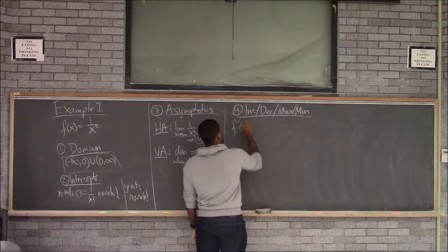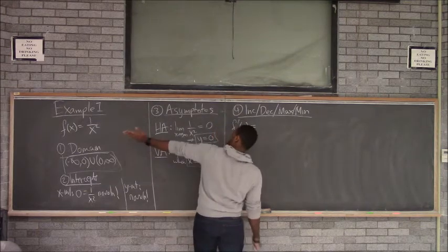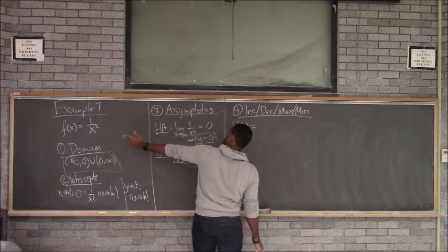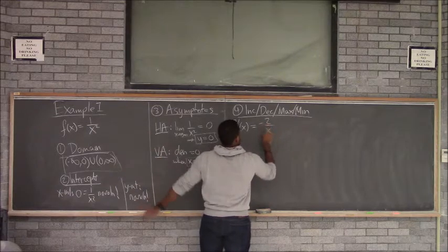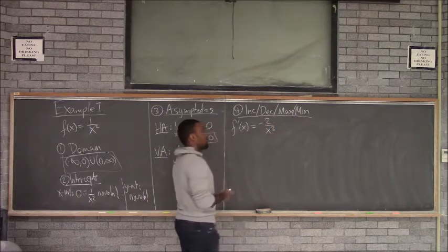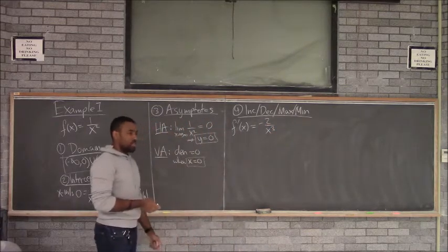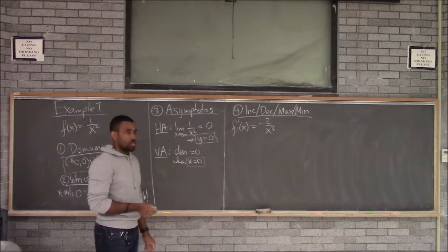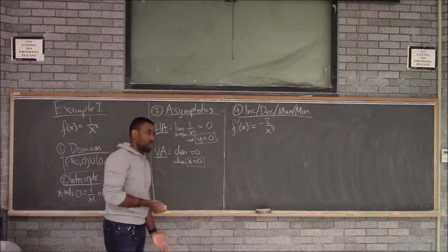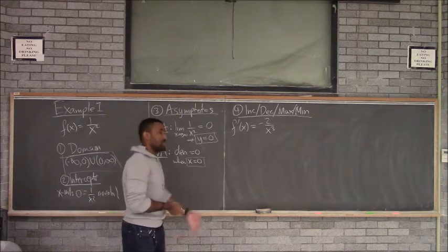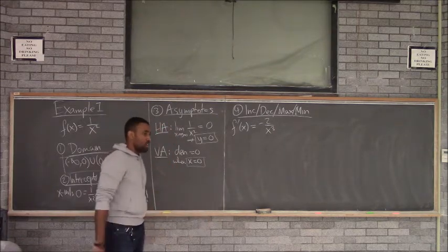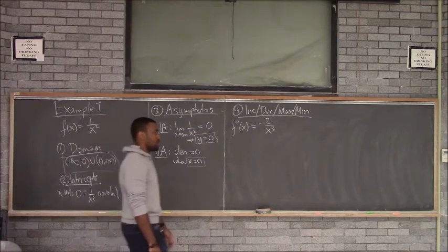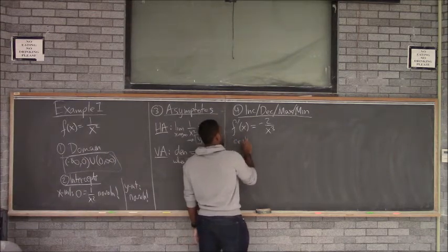That's what the first derivative does. What is the first derivative of this? Minus 2 over x cubed. How do I find where it's increasing or decreasing, or max or min? Critical points, right? We did that last class. Wanted to find the local max or min, we found critical points. Critical points here.